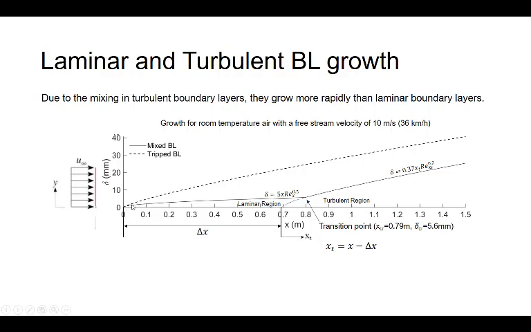As one can see, the turbulent boundary layer that has been tripped grows at a much more rapid rate than the mixed boundary layer, which has a leading laminar region. Because the turbulent boundary layer was tripped, we can simply use the value of x in calculating the boundary layer thickness. We do not have to try to match the two boundary layer equations.